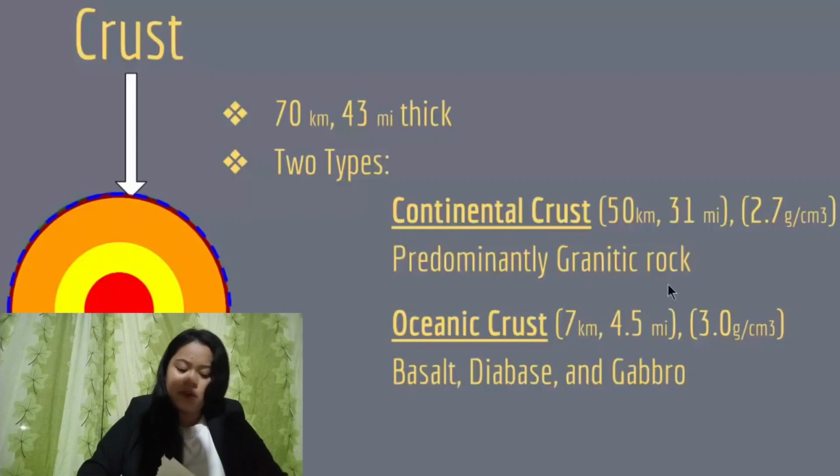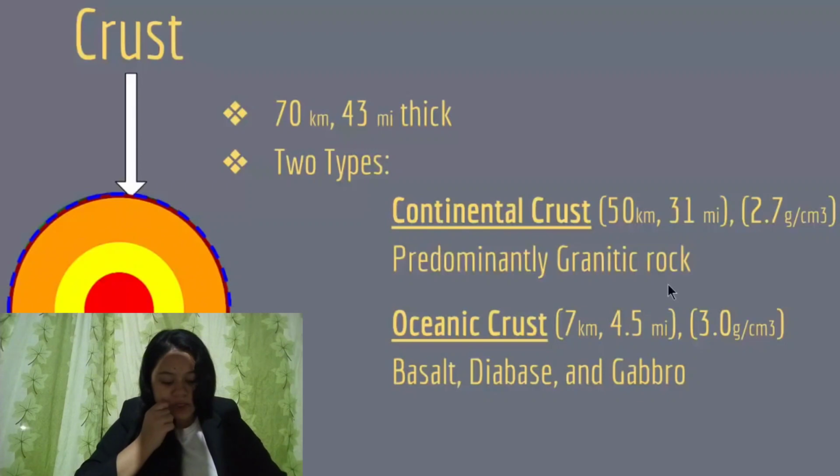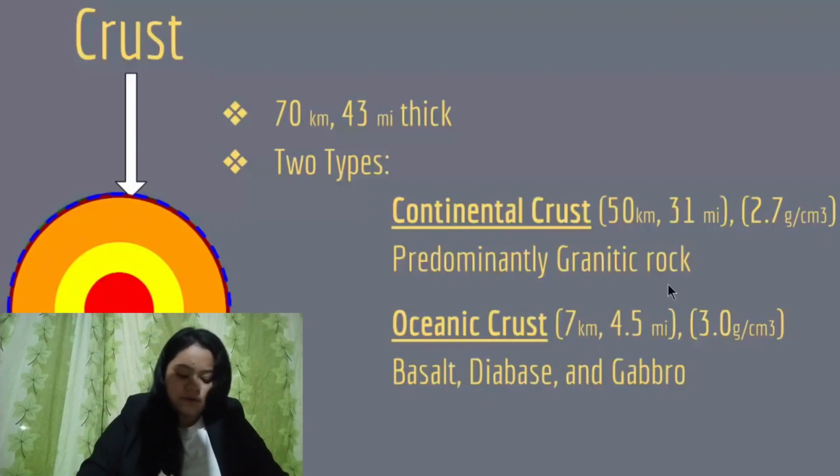On the other hand, the oceanic crust is about 7 kilometers thick, and its density is 3.0 grams per centimeter cube. The rocks are mostly basalt, diabase, and gabbro. Those are the rocks most seen in oceanic crust.